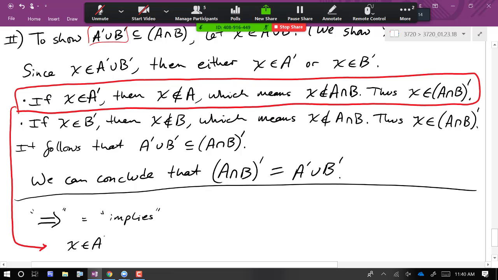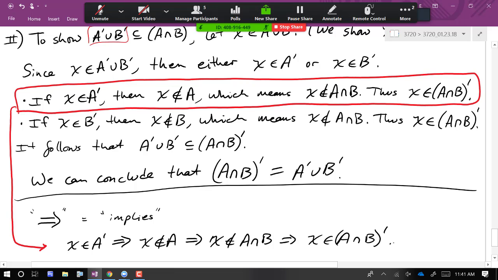X in A complement implies X not in A, which implies X not in A intersect B, which implies X is in A intersect B complement.